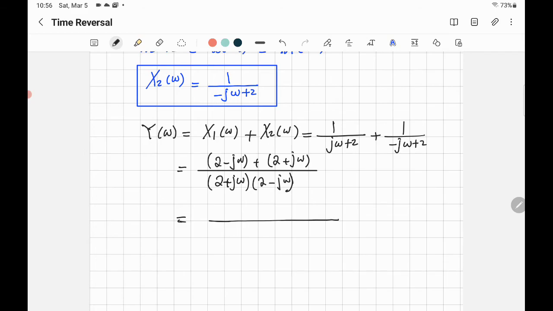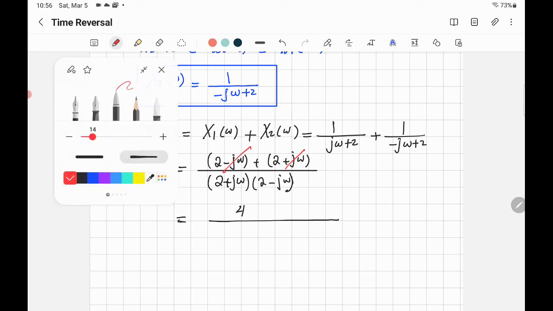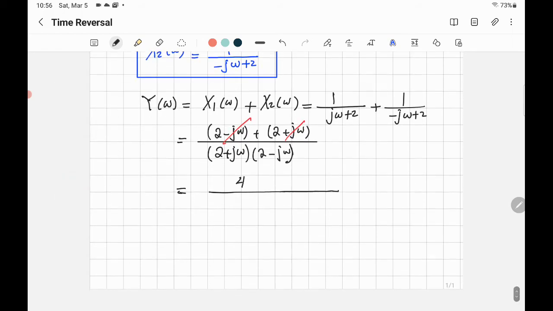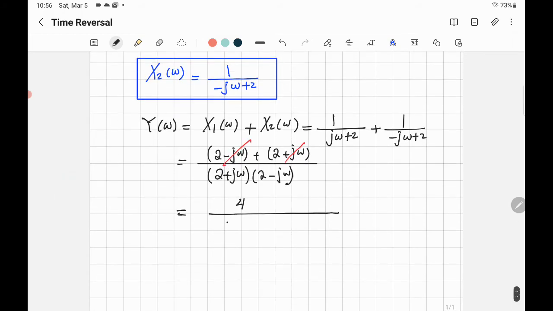So 2 and 2 is equal to 4 in the top, and minus j omega and plus j omega cancel each other. What about the one on the bottom? Well, you multiply 2 by 2, which is 4, and 2 times minus j omega is minus 2 j omega. Then multiplying j omega by 2 gives plus 2 j omega, and then you have j times minus j, times omega squared, and we know j squared is equal to minus 1.